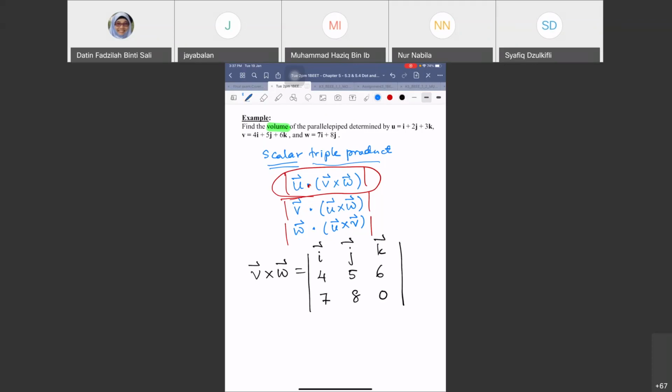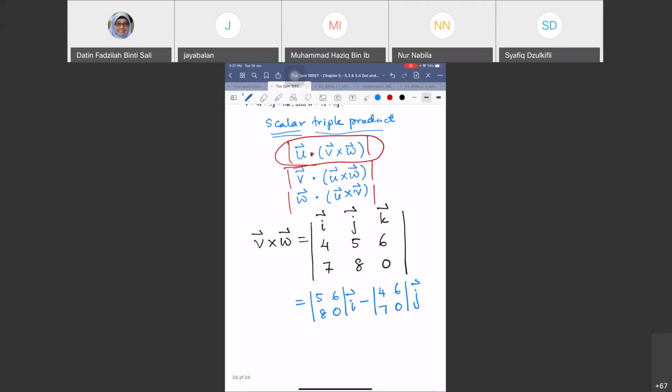Again, as I said, the first step here is a matrix. 5, 6, 8, 0 i minus 4, 6, 7, 0 j plus 4, 5, 7, 8 k. This step is a must for any cross product because there's a mark there.